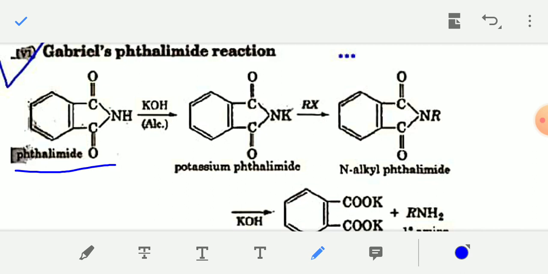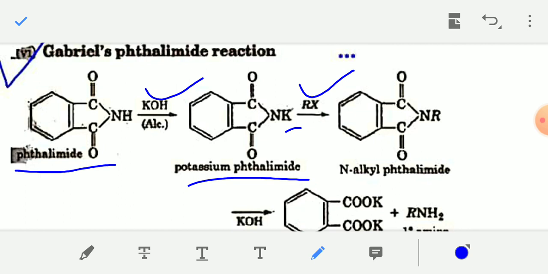And if you react phthalimide with KOH, the phthalimide is first converted into the potassium salt of phthalimide, and then you have to react it with alkyl halide.